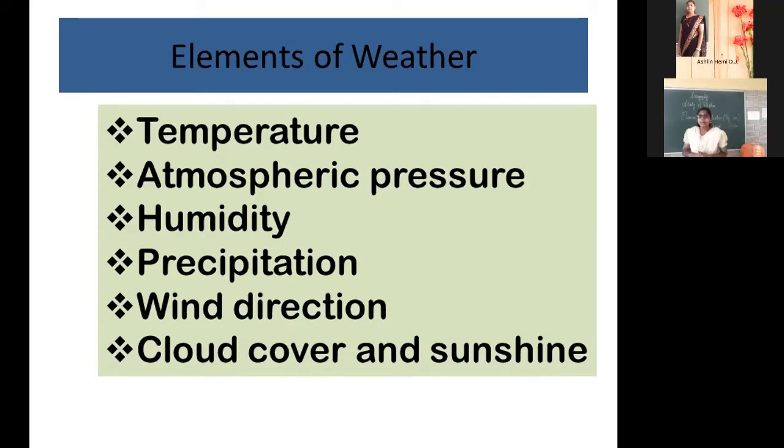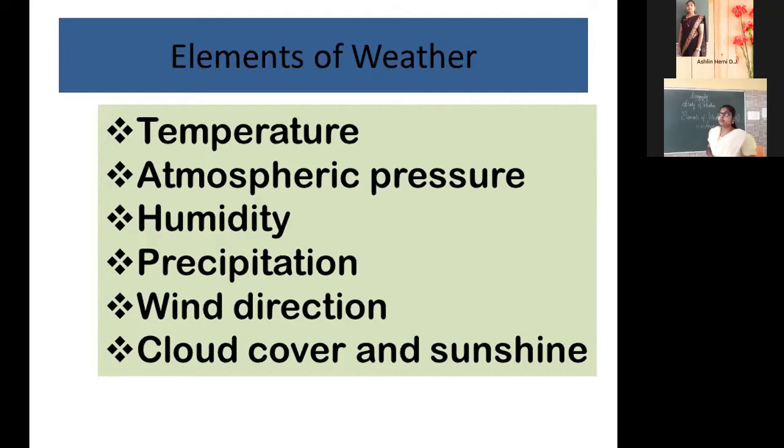These elements: temperature, atmospheric pressure, humidity, precipitation, cloud cover and sunshine.